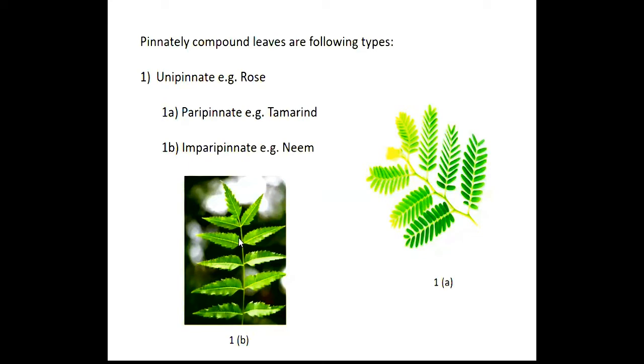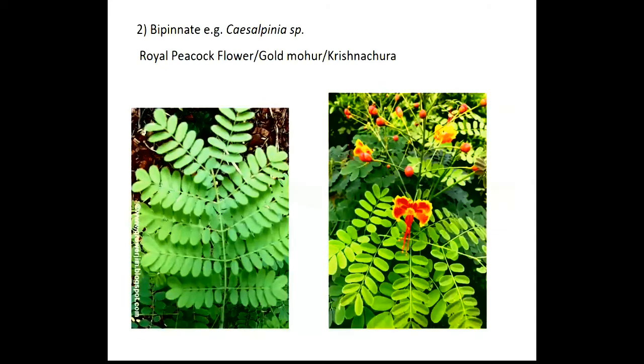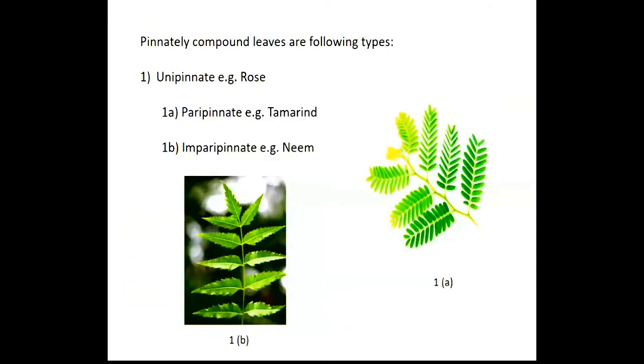This is the unipinnate compound leaf. We will go for the subtypes later. What happens in case of bipinnate? In unipinnate, the leaflets will grow from the rachis directly.